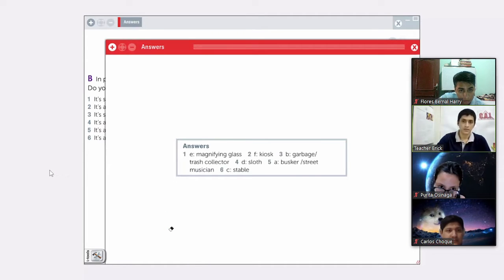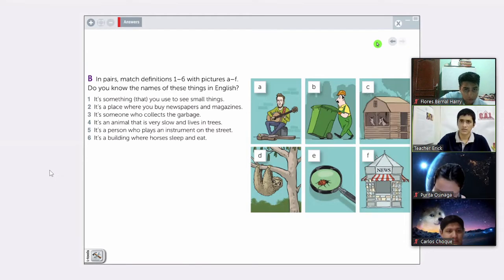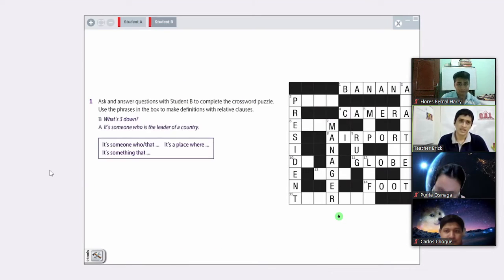So, okay, what you have to do with the homework in this case, we are going to do the communication practice, this one. So student A and student B, you have to ask and answer the questions with student B, and we have to complete the things that are missing, okay?